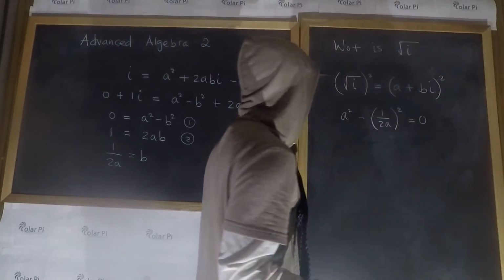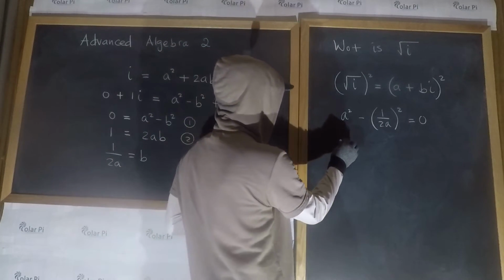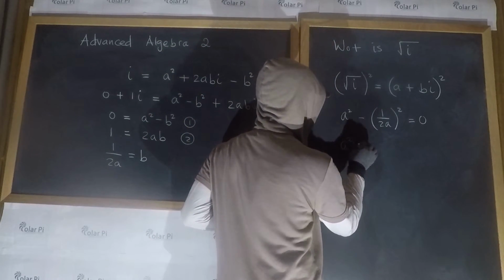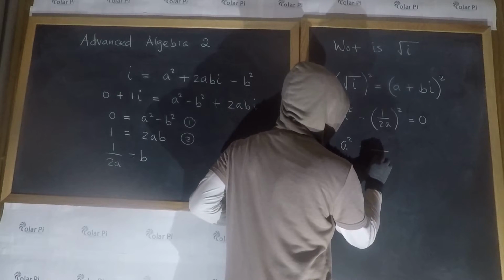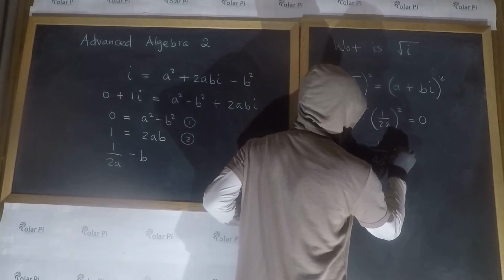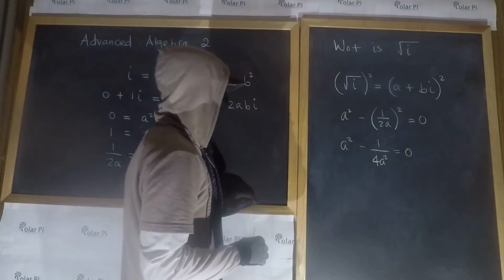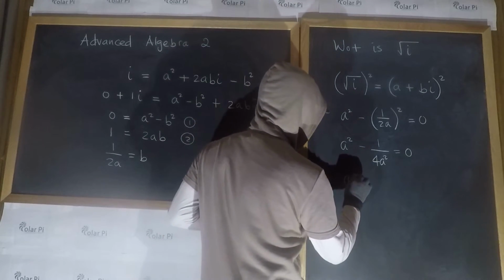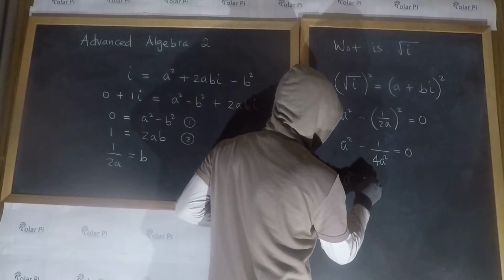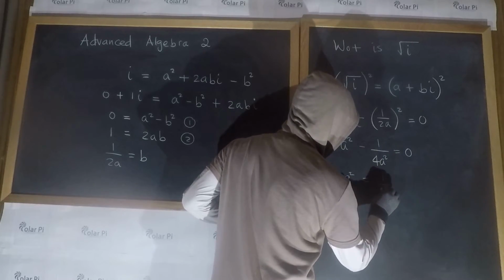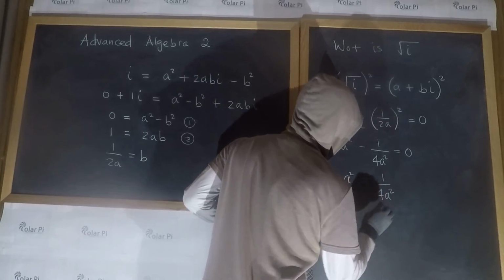Okay, cool. So let's do a little bit of algebra. Now we'll have a squared minus 1 over 4a squared is equal to 0. But this amounts to saying that a squared is equal to 1 over 4a squared.